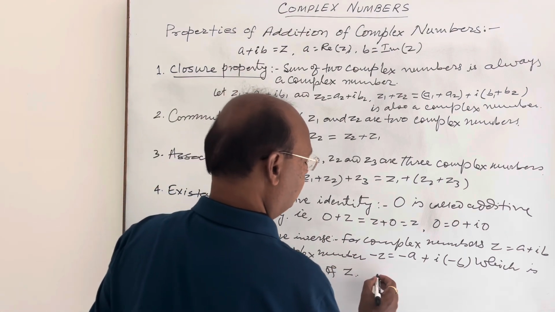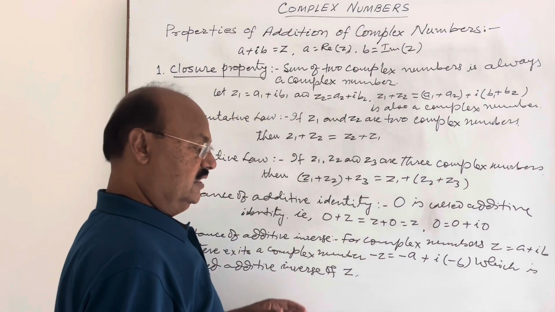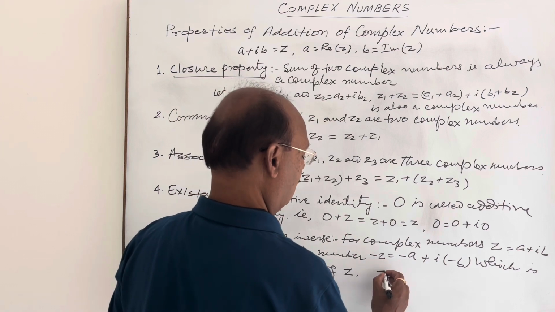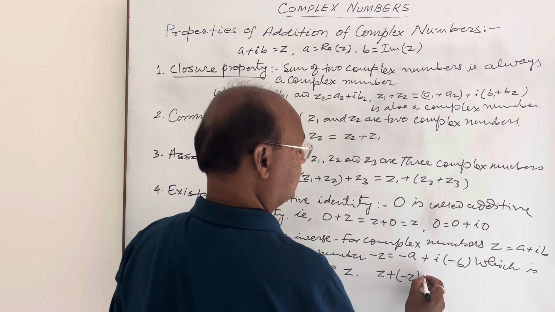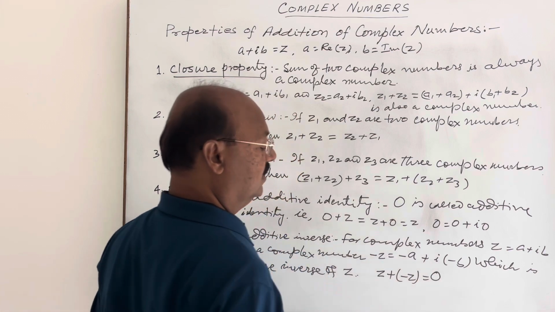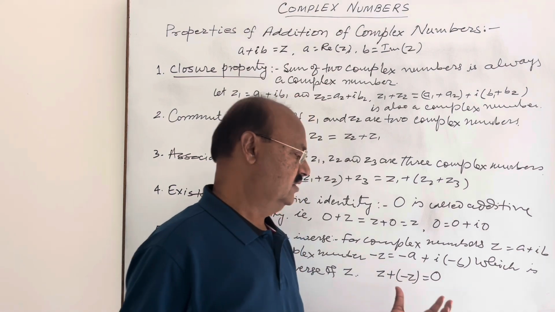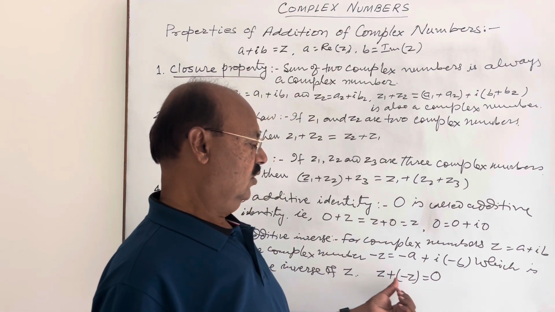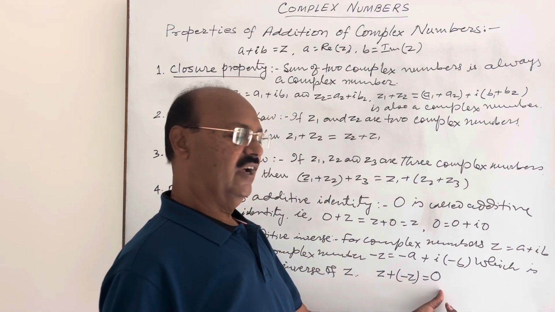Here you will see that if minus z is the additive inverse, then the sum of a complex number z plus its additive inverse is always the additive identity. This is a very basic rule: when we add a complex number with its additive inverse, we get the additive identity.